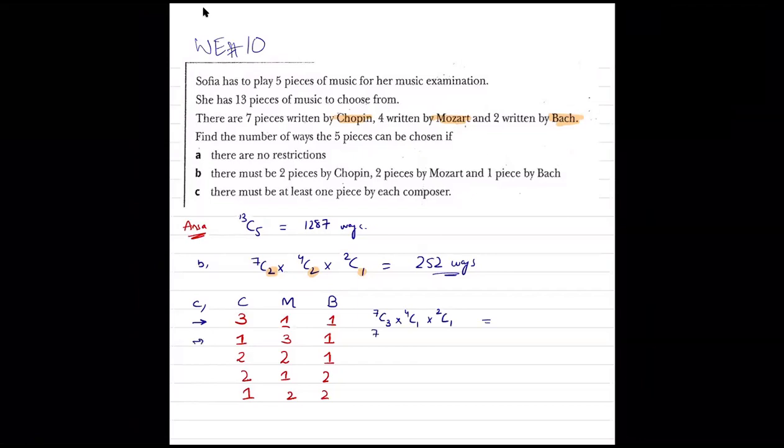Then for the other possibility, 7C1 into 4C3 into 2C1, and then the list goes on. 7C2 times 4C2 into 2C1, 7C2 into 4C1 into 2C2, 7C1 into 4C2 into 2C2. Evaluate all the answers and give me the total.